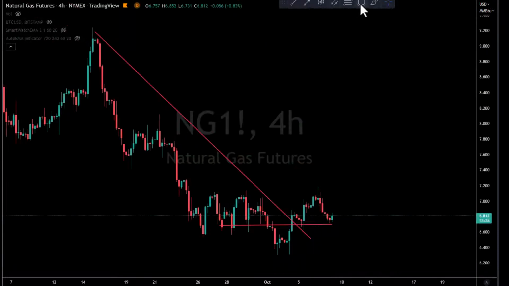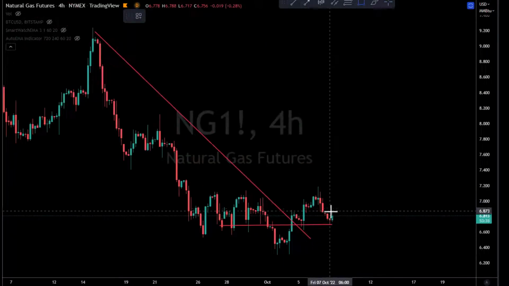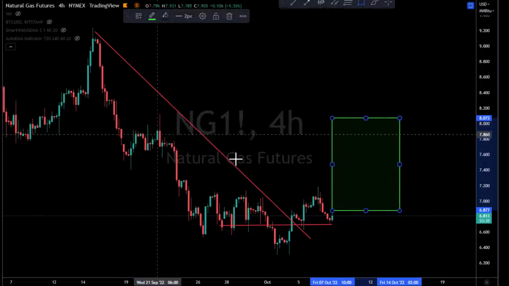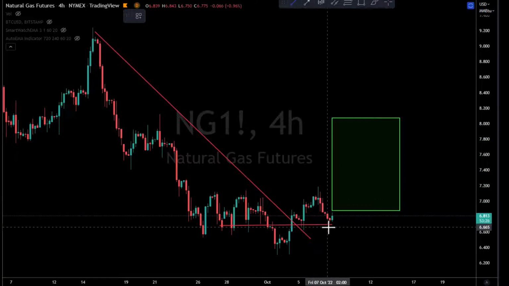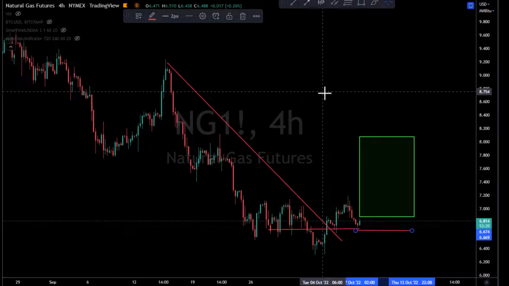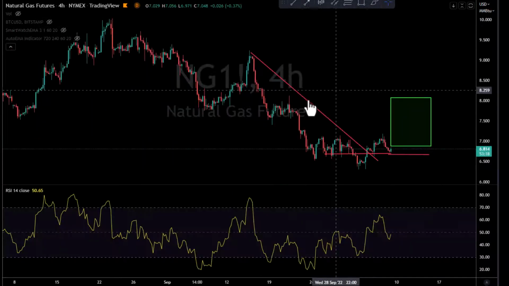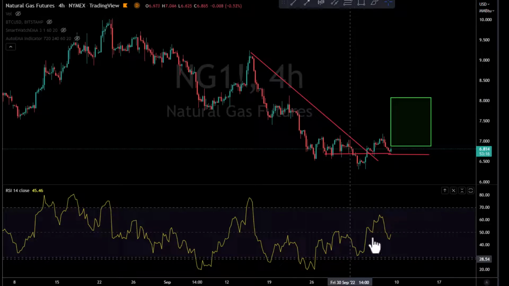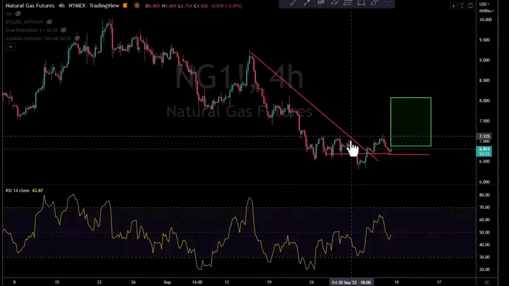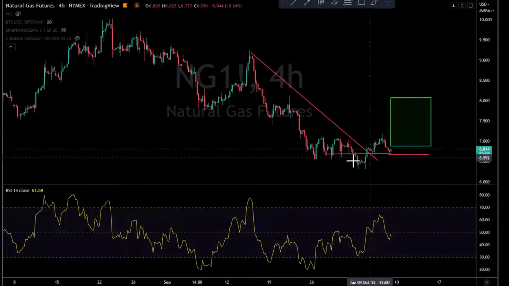For example, as I zoom out a little bit for perspective, I could be expecting that price would move up to support and resistance, and then I could put my stop loss down below the price level where it is right now, giving me a very good risk to reward ratio on a trade like this. I like what the relative strength index is doing, that we have some bullish divergence off this big bottom setting up here. We do have support above this reversal.